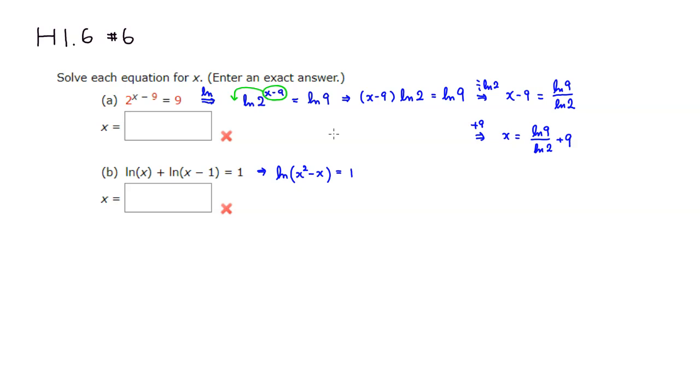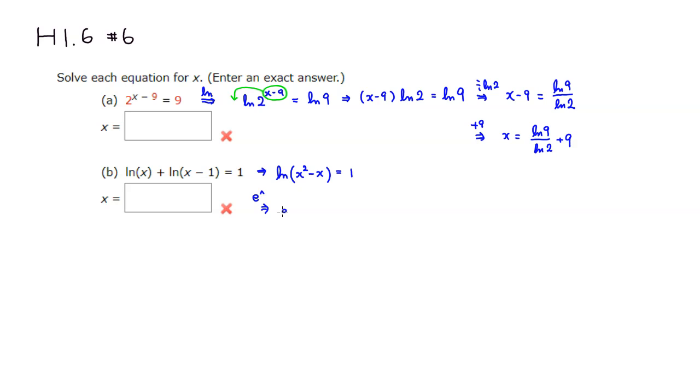Now we need to get rid of the natural log. So we're going to raise e to both sides.